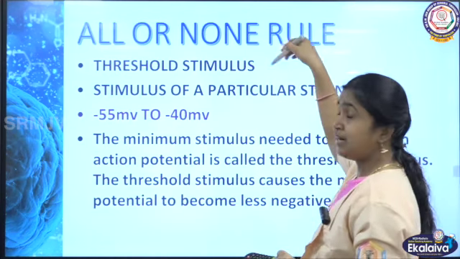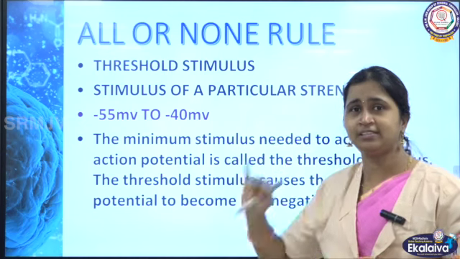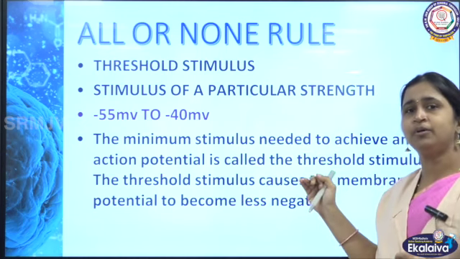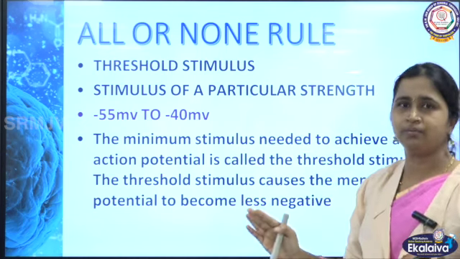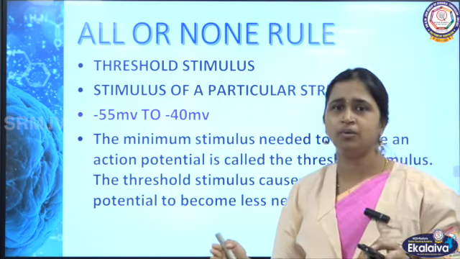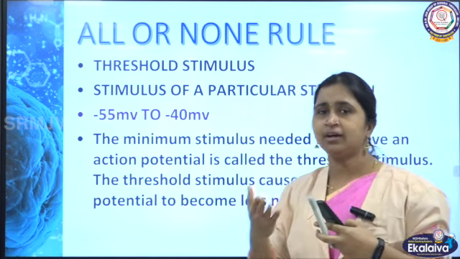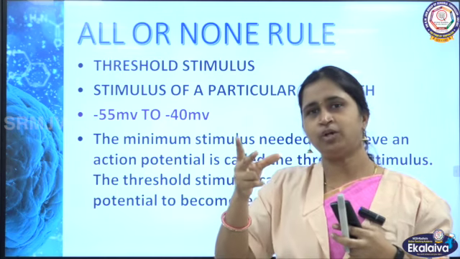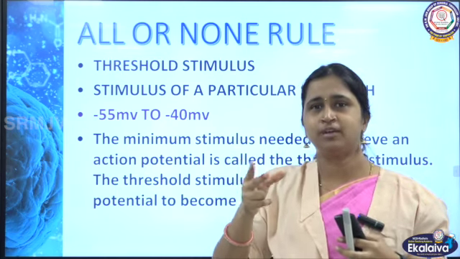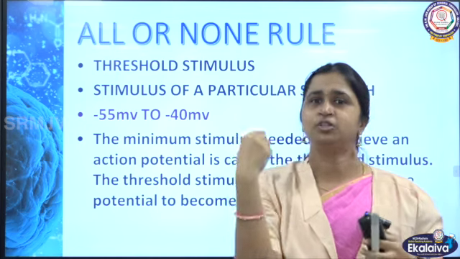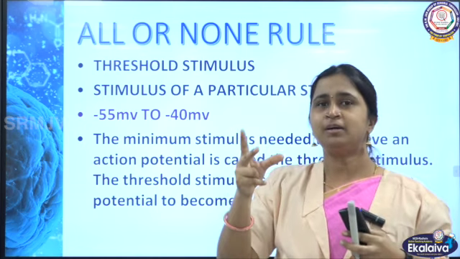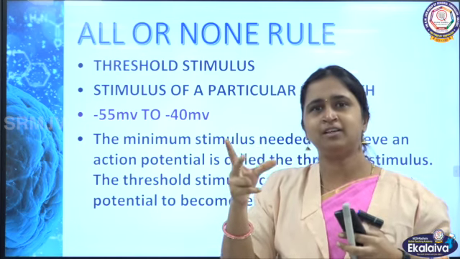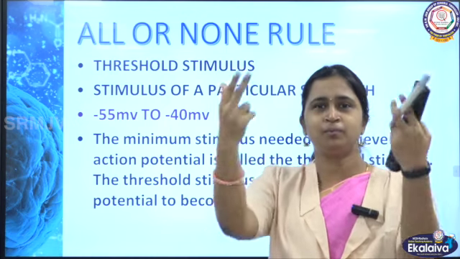And next property. First property, excitability. Second property, we are going to talk about the all or none rule. Okay, what is that all or none rule? For example, you take a pistol. In the pistol, there is a trigger. The trigger, you have to press with the correct force. Then only the bullet will be shot, right? So what happens, sometimes you keep on pressing the trigger like this, but it won't produce any shot.